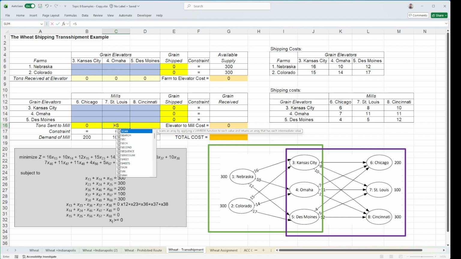The sum C13 through C15, and the sum D13 through D15.